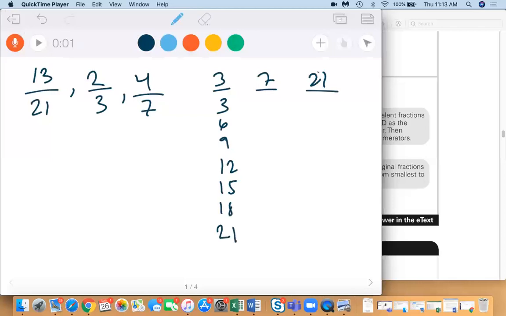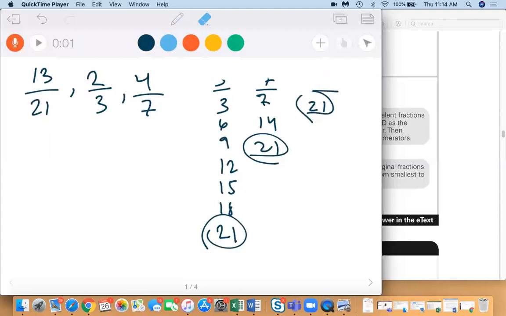Well, I know I can stop there. 7, 14, 21. See, I make mistakes all the time. So we have 21, 21, 21. So that tells us that is our lowest common denominator. All right, so let's erase this part.